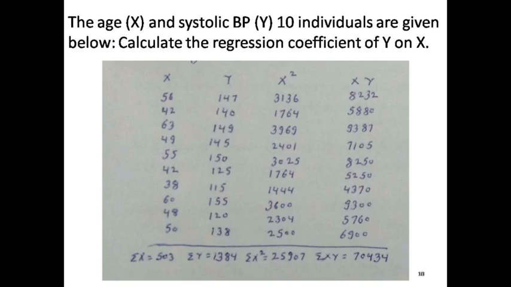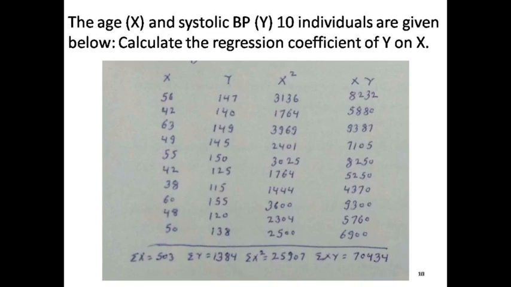With the help of this information we will have to calculate the regression coefficient of y on x. So we will have to predict y. We will have to generate one equation for predicting y on x.